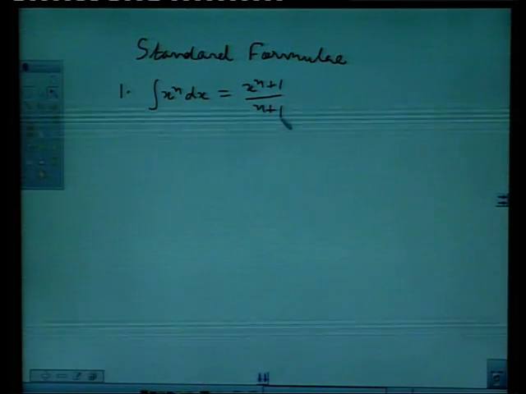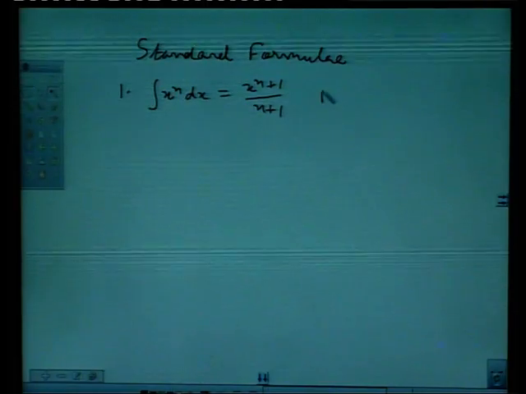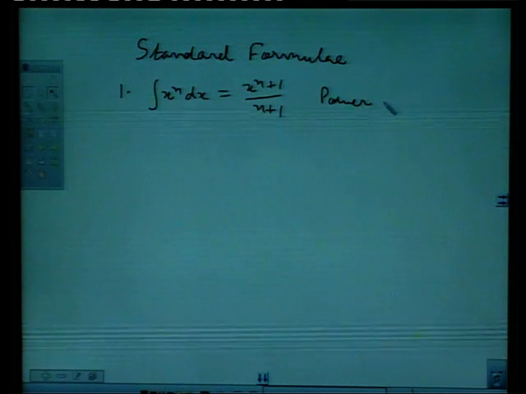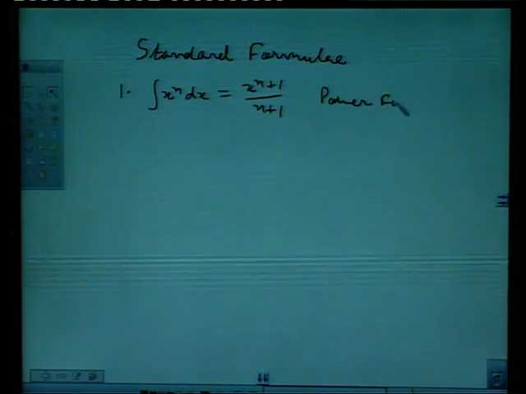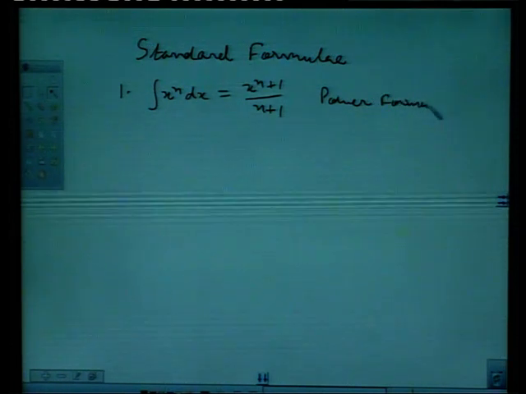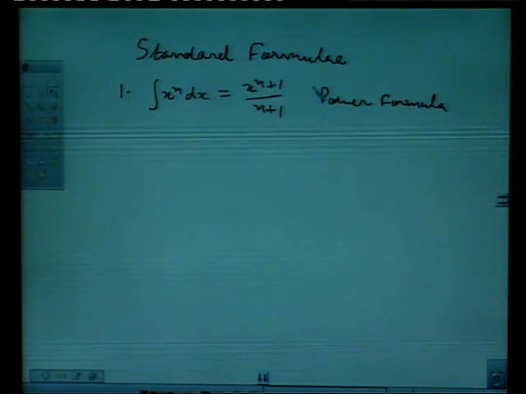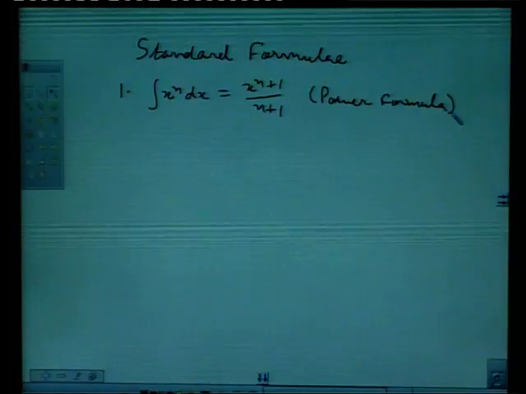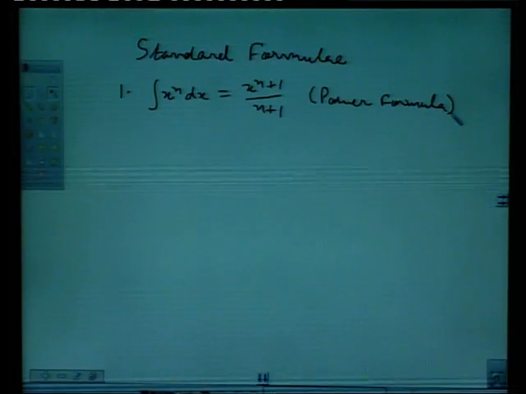This formula is very important. This formula is also called the power formula, as in the case of differentiation.